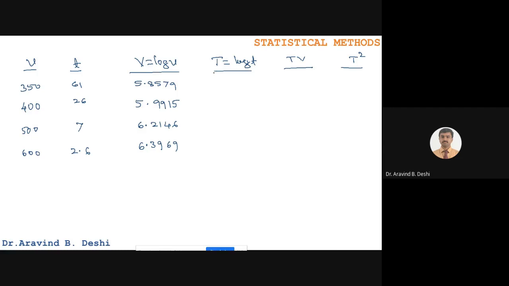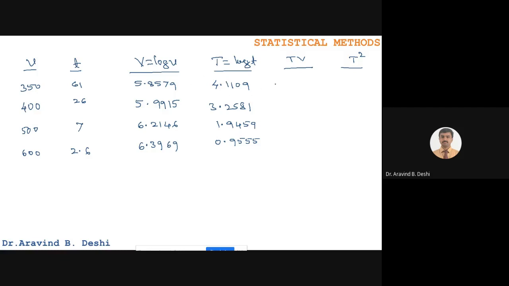Next, capital T, the ln of small t values: ln 61 is 4.1109, ln 26 is 3.2581, ln 7 is 1.9459, and ln 2.6 is 0.9555.